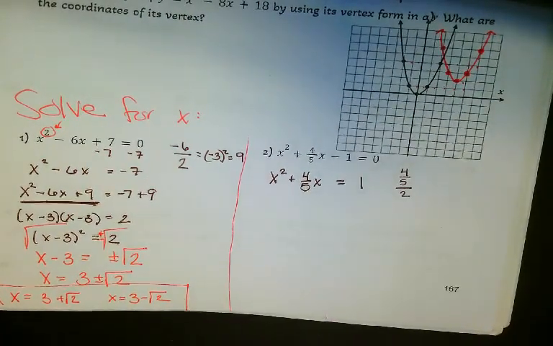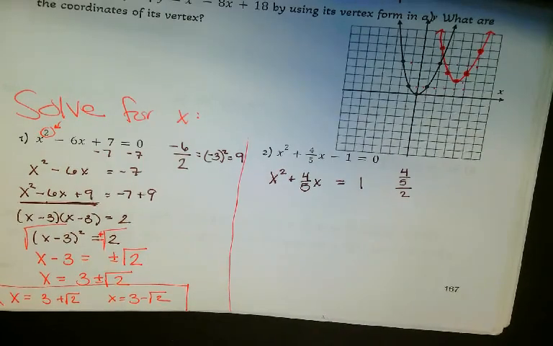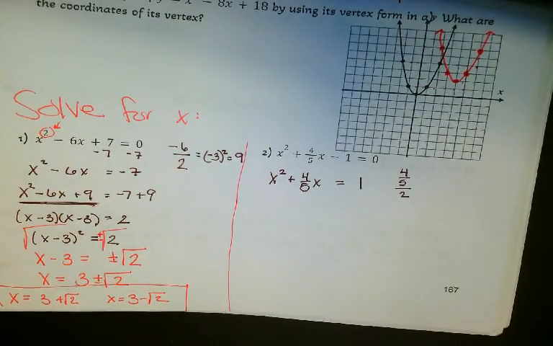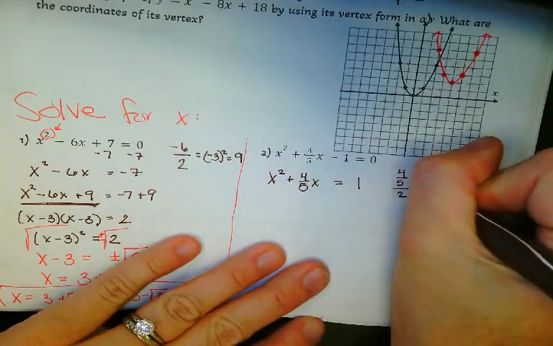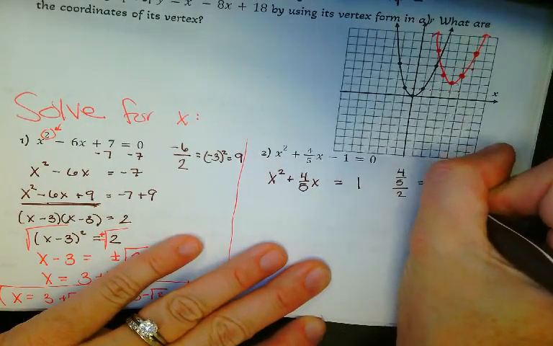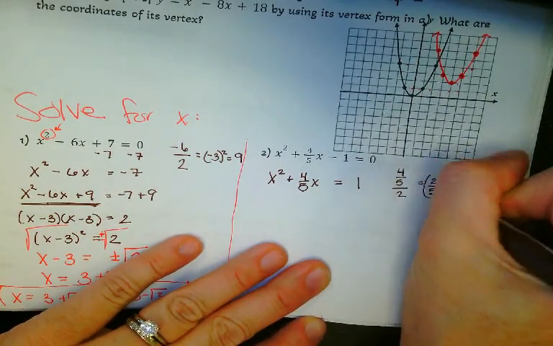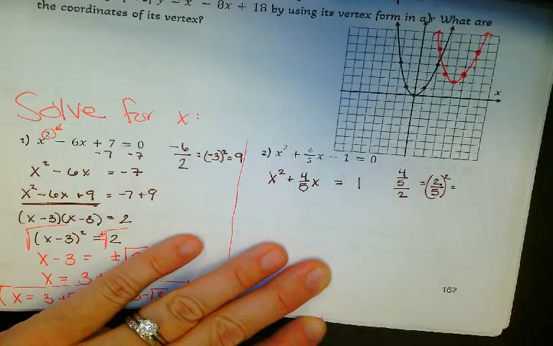Now again, I would just type that in your calculator. So take your 4/5, divide it by 2. You want a fractional answer, no decimals in any of this. What do we get for 4/5 divided by 2? 2/5. Then we have to wrap that up and square it.